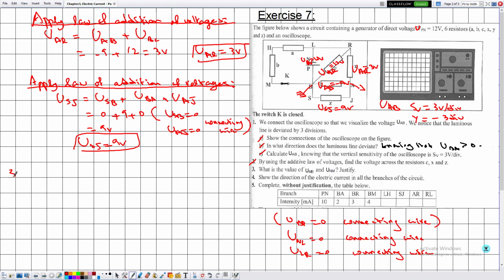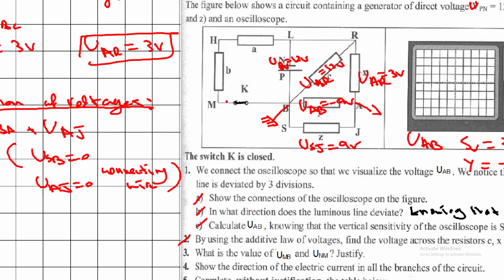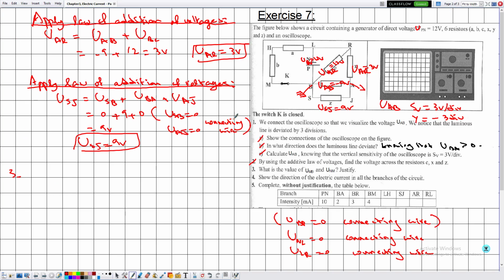Now in number 3 they are telling me what is the value of UMB and UNM. So where is the point? Okay, so we need to determine UMB.